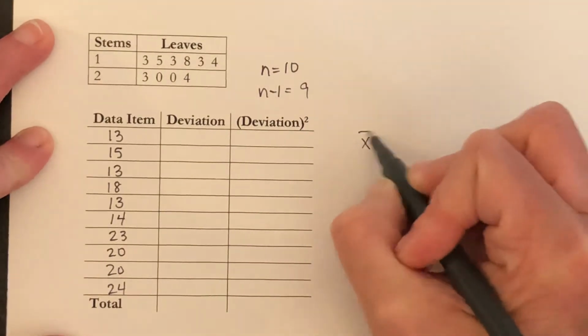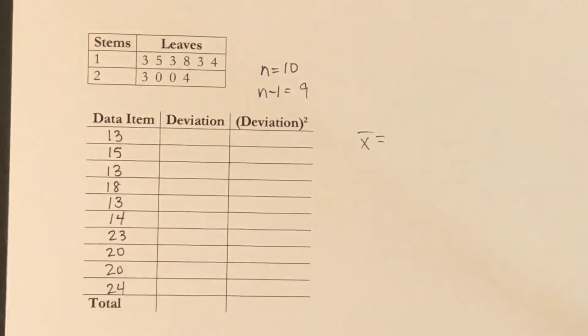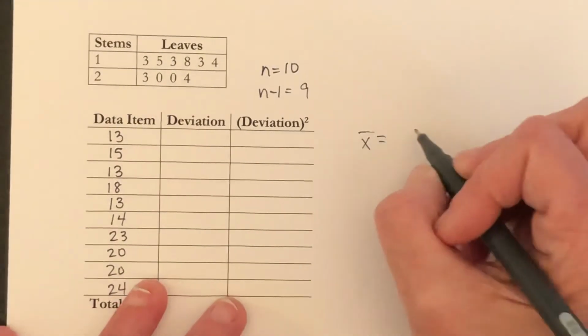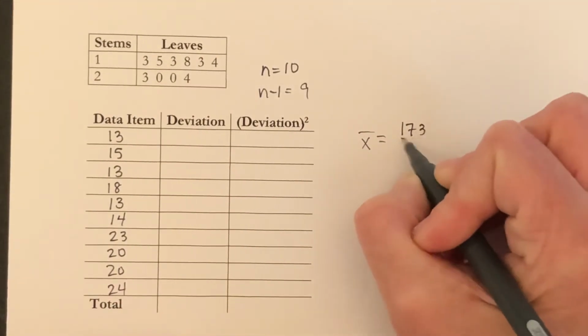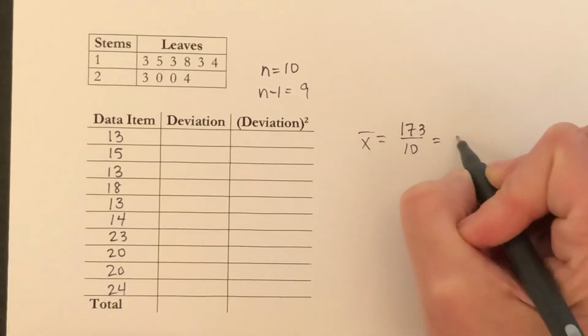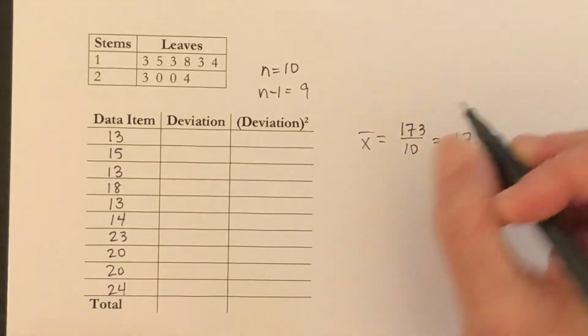Let's find this mean. If I add up all of these items, you get 173. Divide that by 10, and your mean will be 17.3.